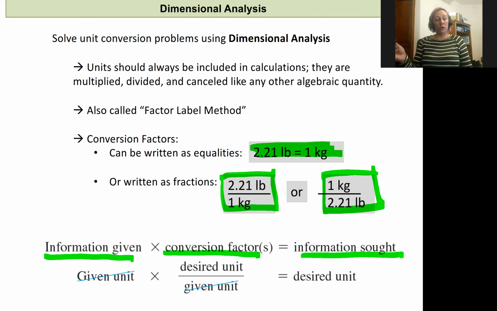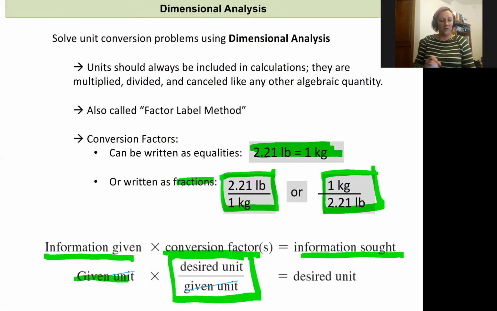And so when we're using units to set this up, determining how to set that conversion up, do I multiply it? Do I divide it? What do I do with it? I'm always going to start with a given unit. I'm going to set up my conversion factor as a fraction.